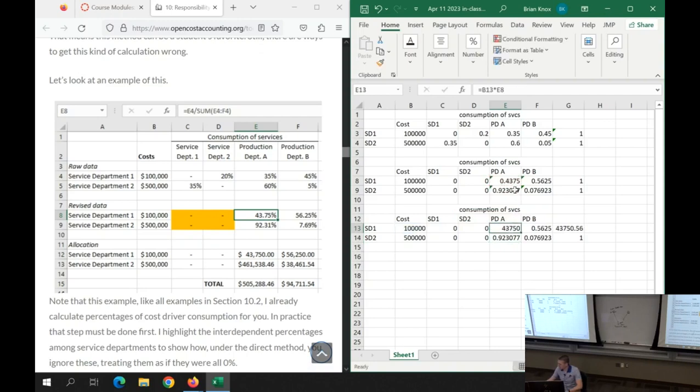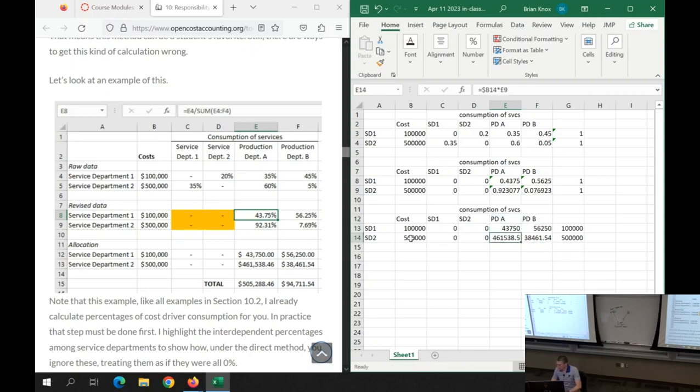So if I'm taking 43.75% of the $100,000 of Service Department 1's costs and allocating them to Production Department A, that means I'm going to be allocating $43,750. Nice and easy there. I'm going to change some absolute. I want the absolute column, so it'll stay. And then I can just go right and down.